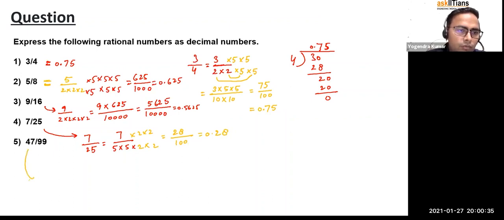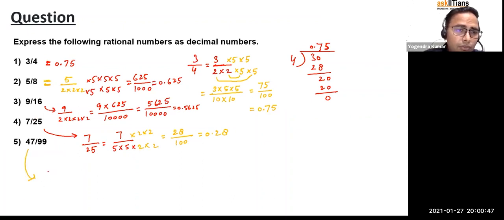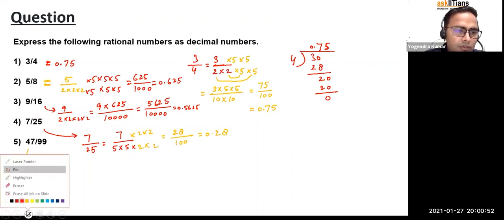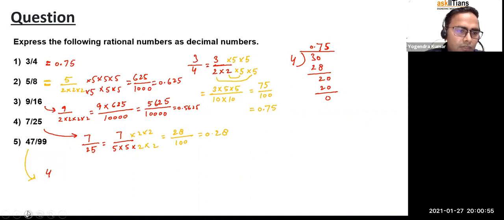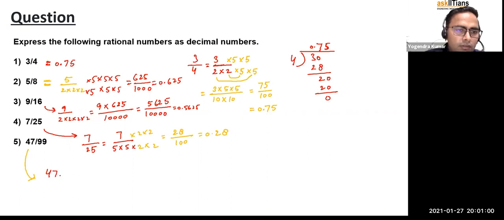Now what about this number? It is a rational number again, but can I avoid long division here? No, we cannot avoid it. We need to do long division here. We cannot use the above method for every number, because in the above questions we were able to generate tens, making it into the 10 multiplication form, meaning 1000, 100, or 10,000.